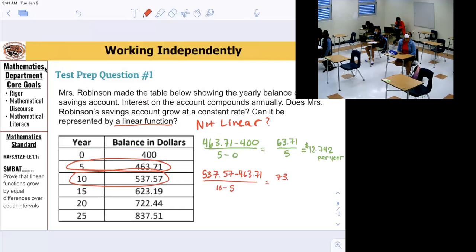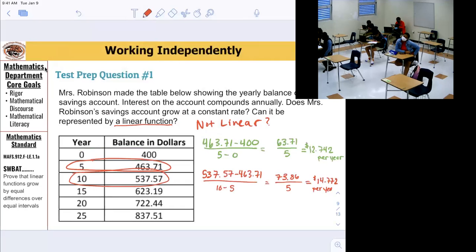And then 10 minus 5 is 5. And what do I get here? 14.772. Okay. So already it's a little bit different, right? One was about $12, and the second was about $14.